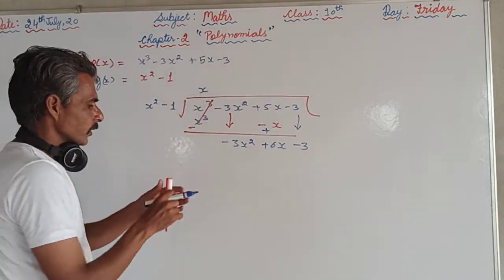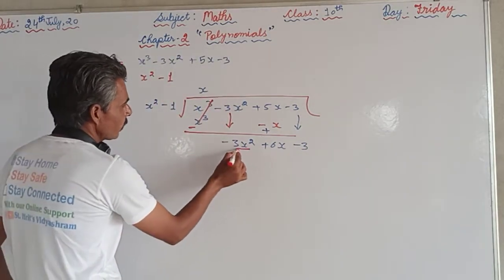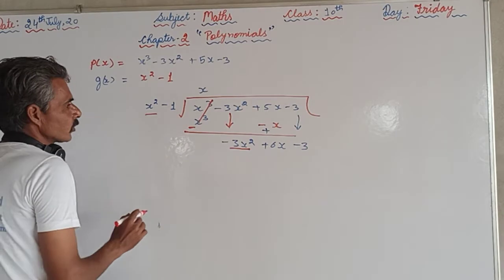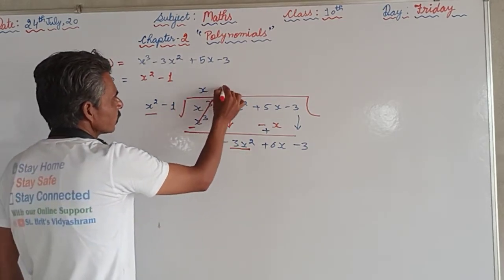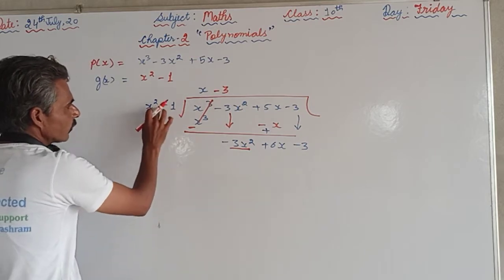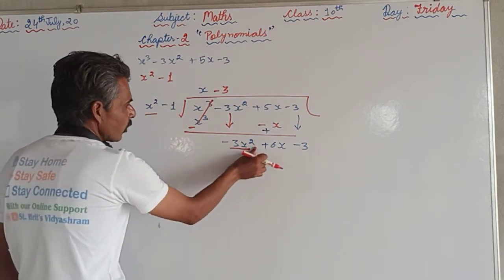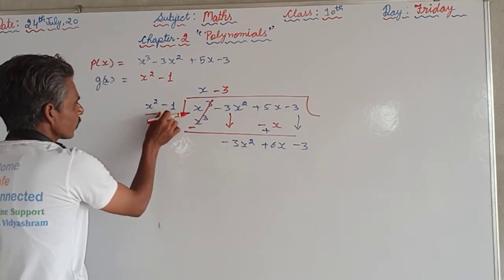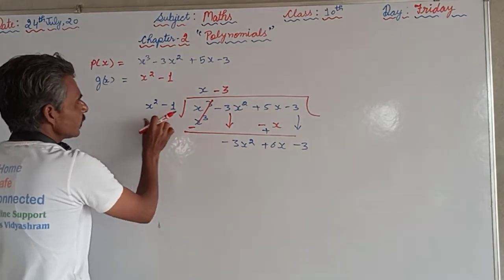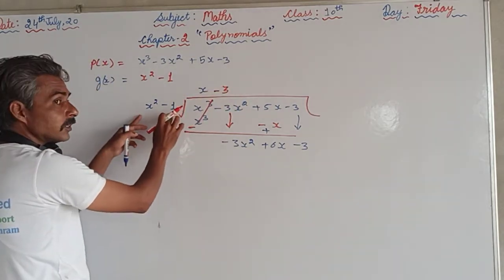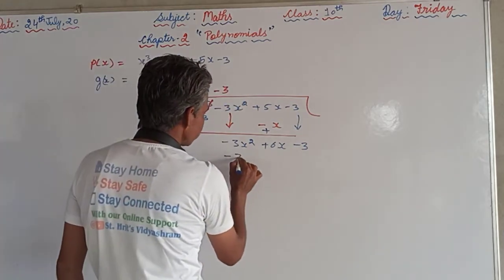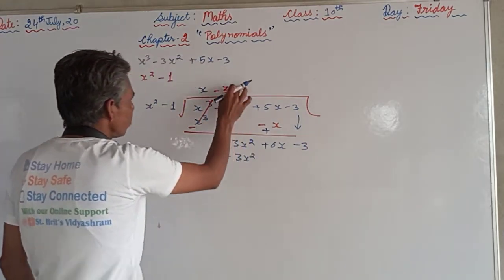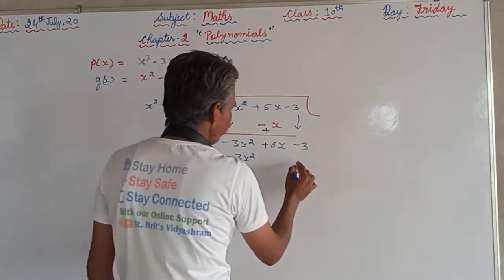Again we will now compare the first term. Here the coefficient is negative 3, and the remaining terms are the same. So now we can multiply again by minus 3, both these terms. Minus 3 into x square is minus 3x square, then minus 3 into minus 1 is plus 3.